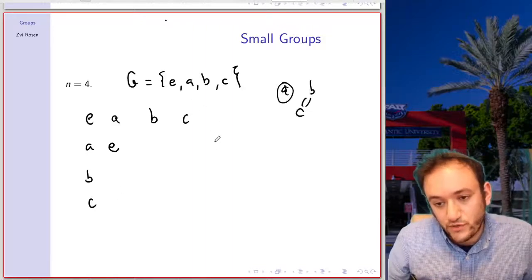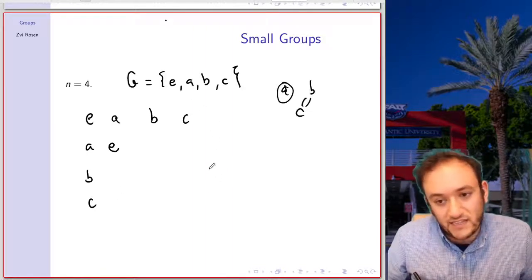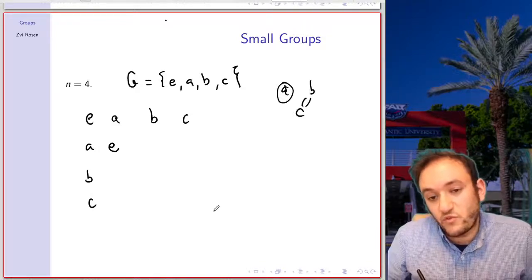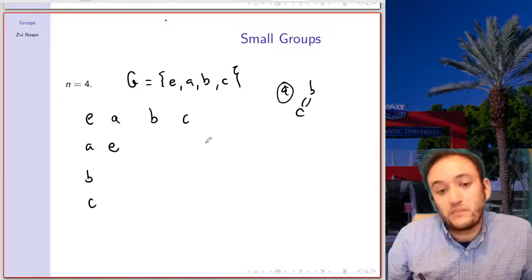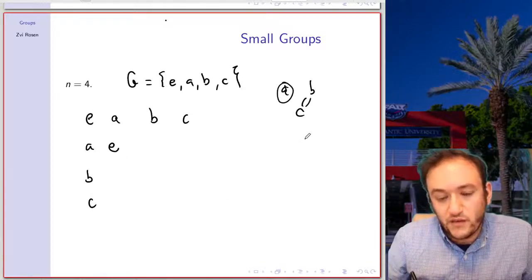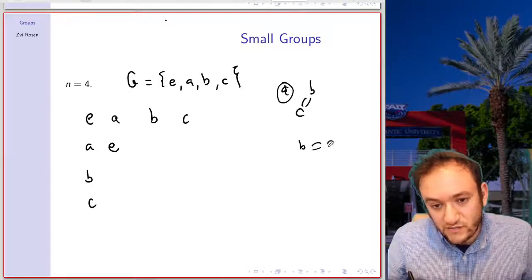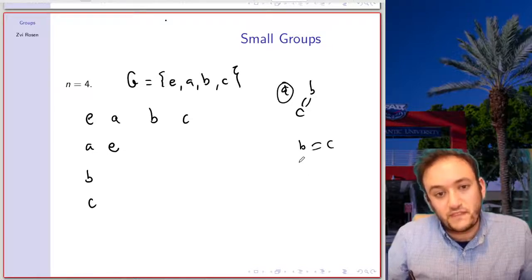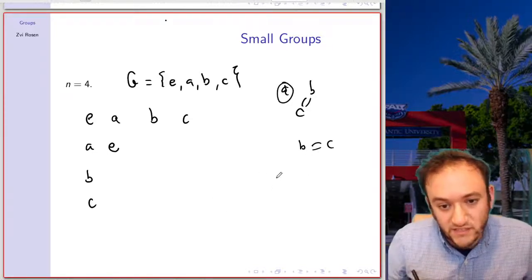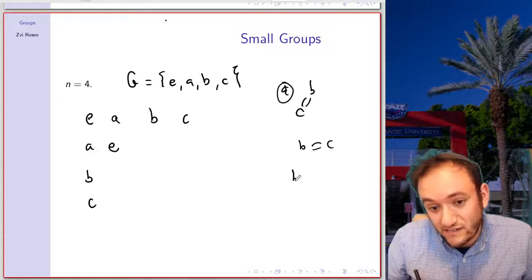So far we're not making any assumptions about the group. We're forced to have one of them be its own inverse. Now if B and C are inverses of each other, then that helps specify things. But they're not necessarily inverses of each other.